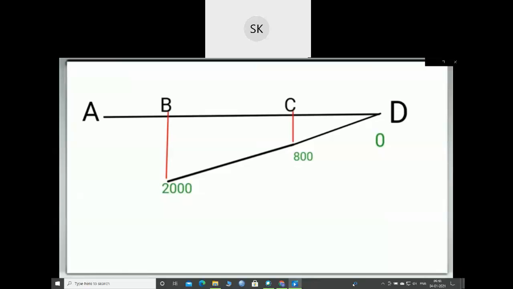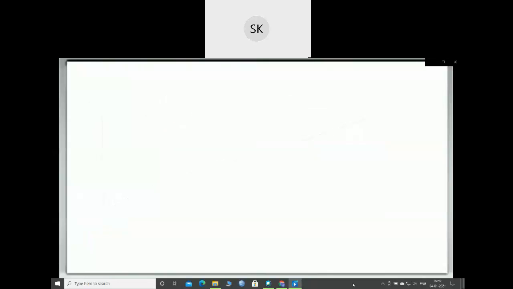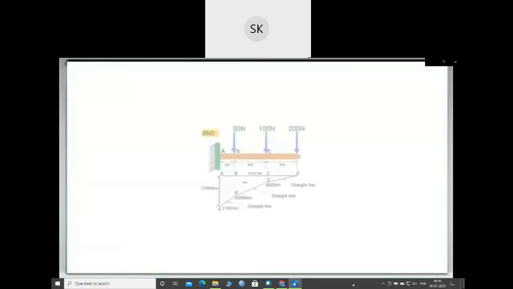So we will mark this point below the baseline as 2700 Newton meter to some scale, and join these 2 points by a straight line, since AB follows a straight line rule. Now enclosing the diagram by joining these 2 points, we will get the resulting bending moment diagram. For a clear visibility, the bending moment diagram will look like this.